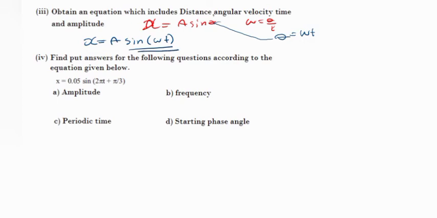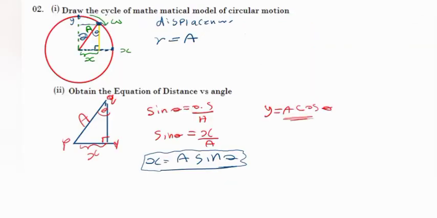Sometimes you may find it with a certain phase angle. I didn't teach you that so far, but it might be something like this: x equals A sine of omega t plus a phase angle. So it might start at some other point. If you go back to the previous page, if you have any starting point other than the vertical axis, you start at a certain angle of pi already, and you make the new angle theta from there.